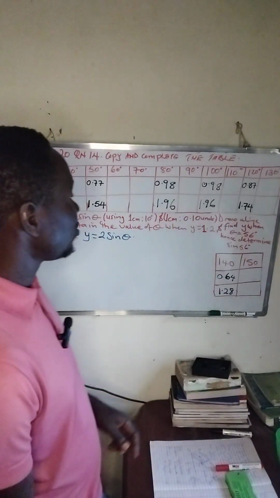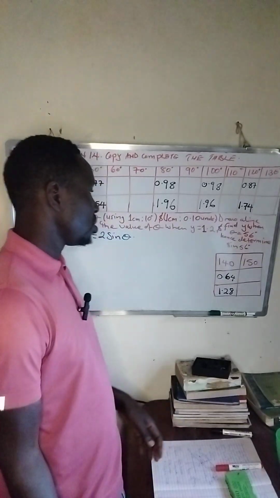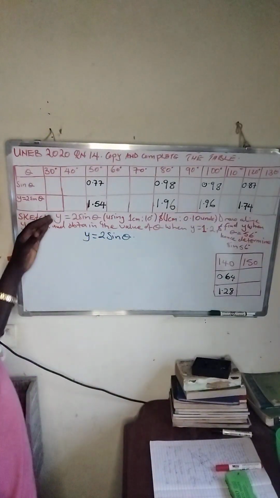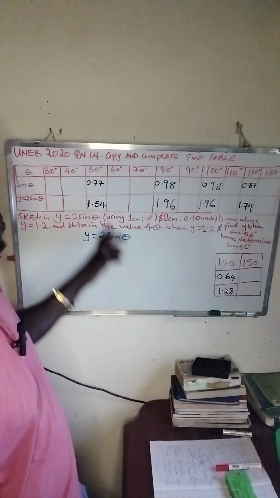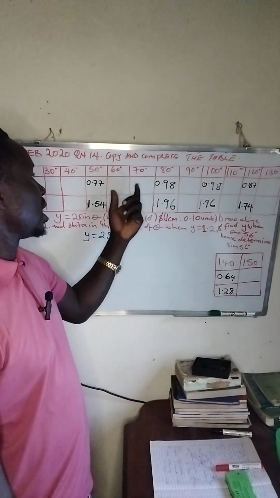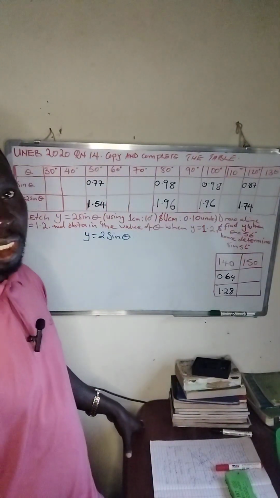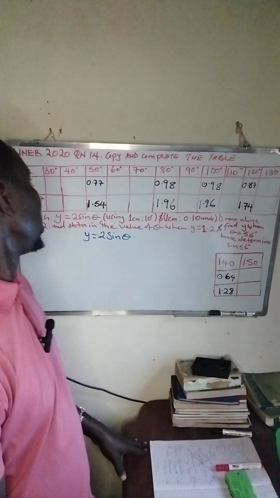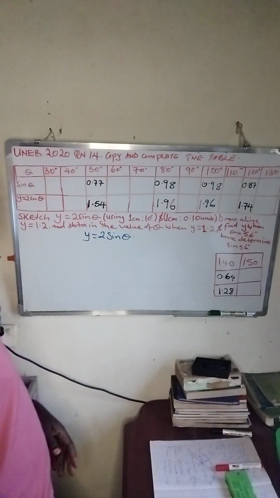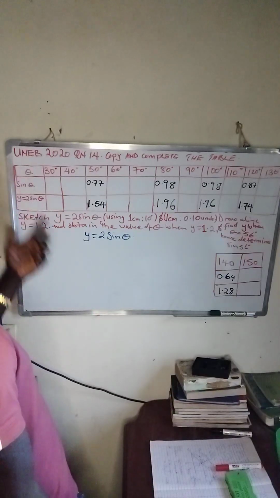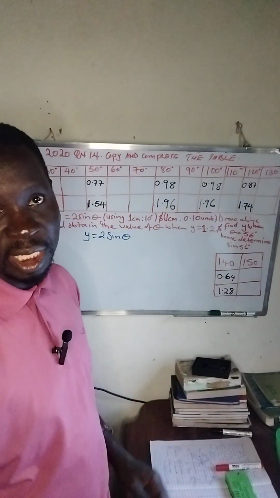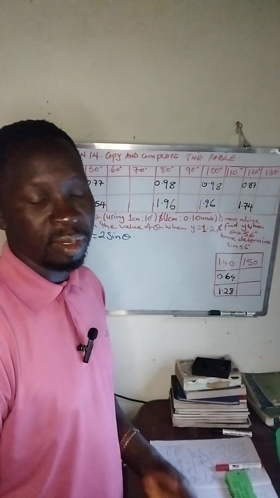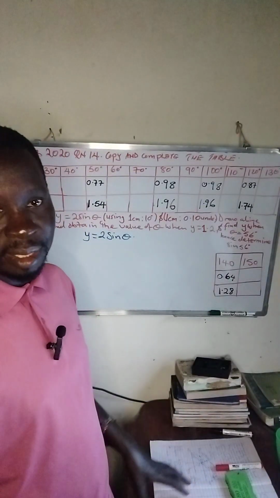Yes. Now from this point, before we go to the questions down, before we sketch or do anything, what we need to look at is only how we fill in those values. To fill in these values, it is calculator work or table work. Conveniently, and without wasting time, I know a calculator will be very simple.